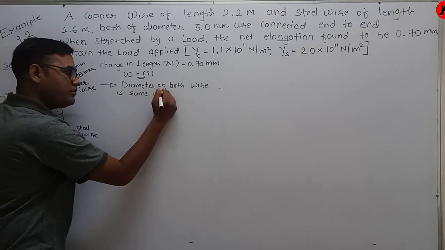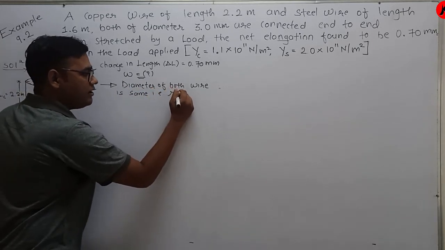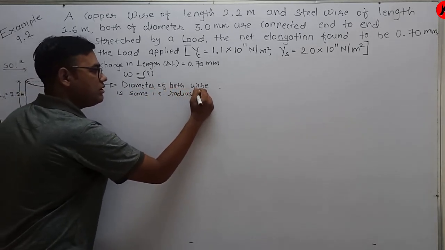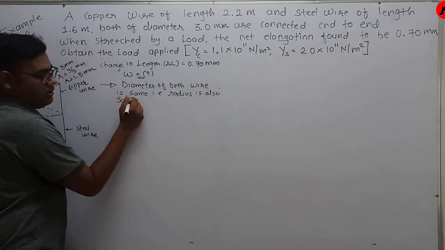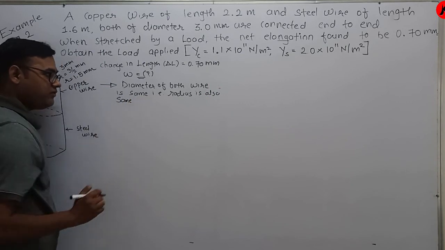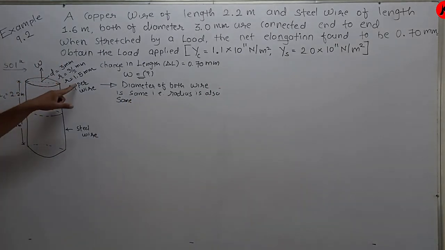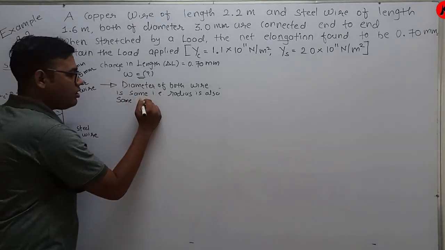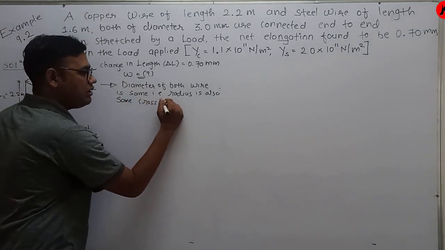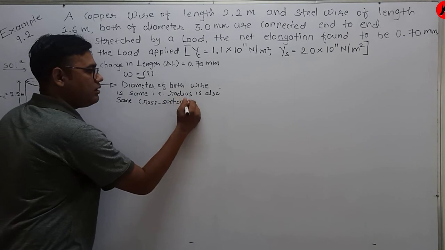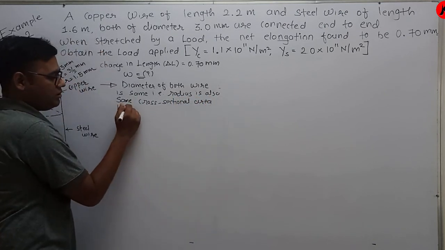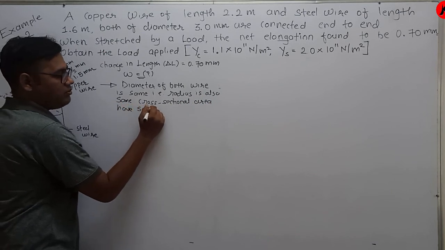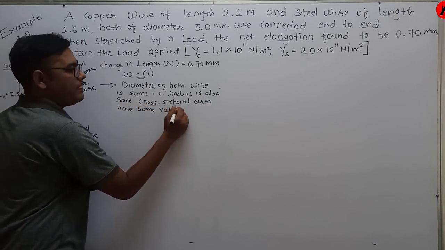So from that we can write the radius is also the same, and if the radius for copper wire as well as steel wire is the same, we can say the cross sectional area has the same value.